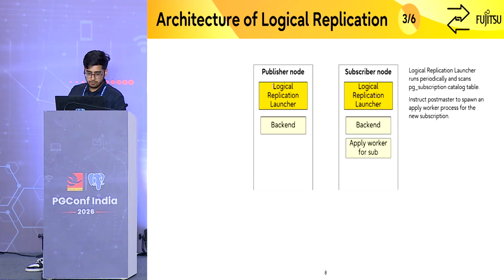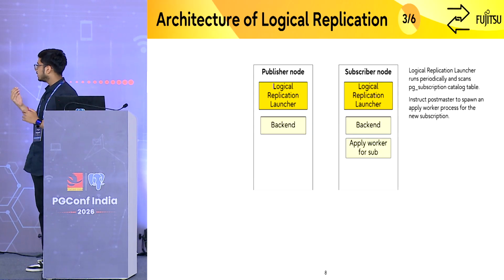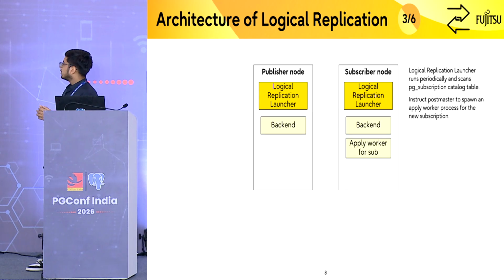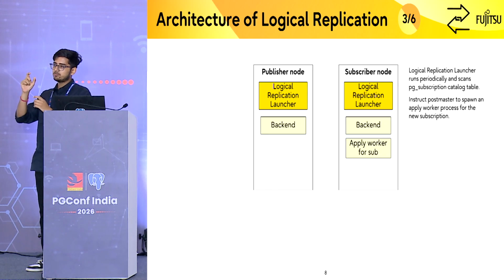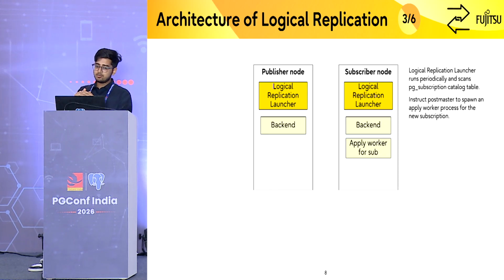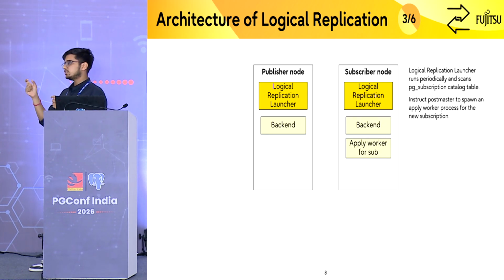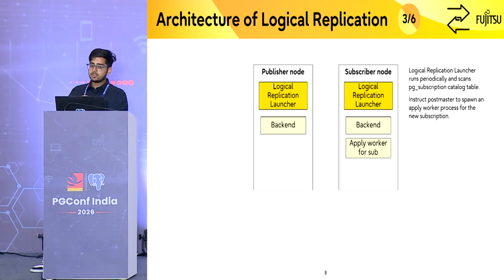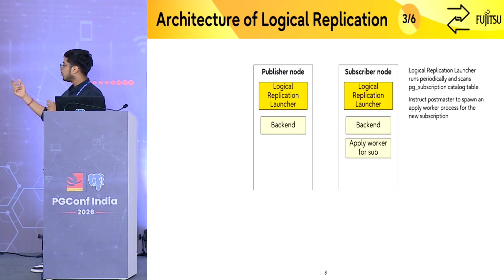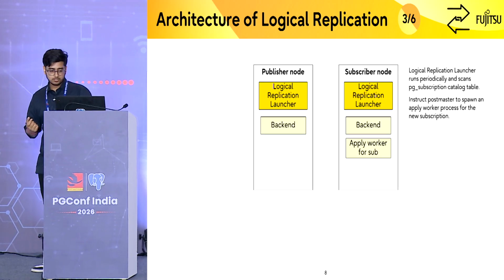When the create subscription command is run, the PG subscription will have the entry for that particular subscription. Now the logical replication launcher runs periodically in the background, and it will check if a new subscription is created on the subscriber node, and it will instruct the postmaster to create an apply worker for that particular subscription.